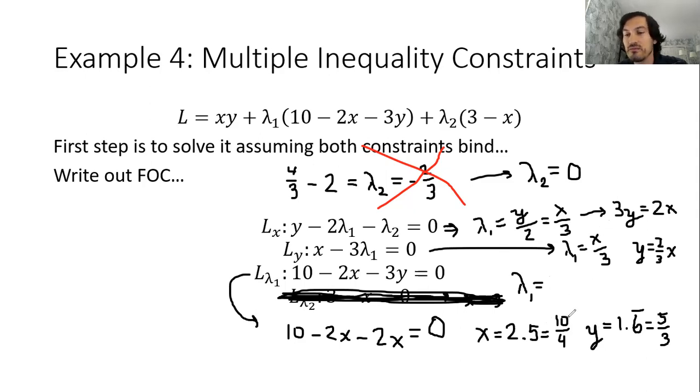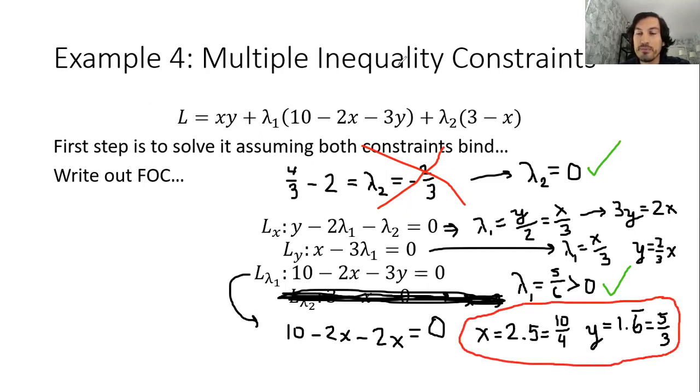That's 5 halves divided by 3, which is 5/6. Doesn't matter. What matters is that it's positive, and that's like the green check of goodness, right? We have lambda 2 equal to 0, lambda 1 is positive. Those are both satisfactory, which means we have a solution. This is the solution.